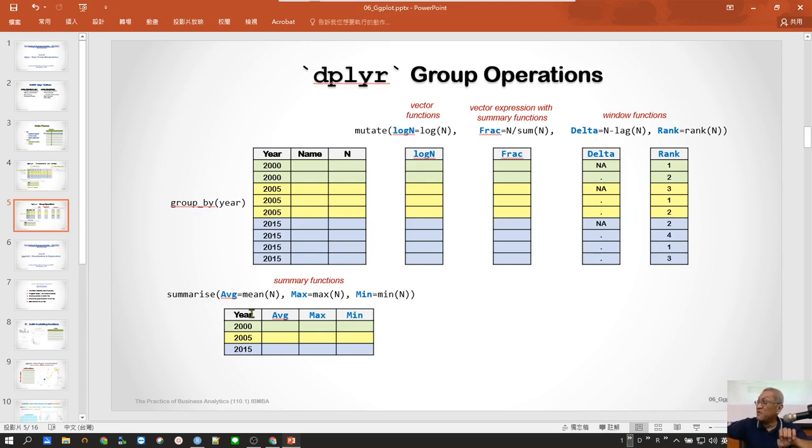The columns would depend on how you define them inside summarize. So you define the columns inside of summarize, and if you do it without group by, the entire data frame will be summarized into a single row.